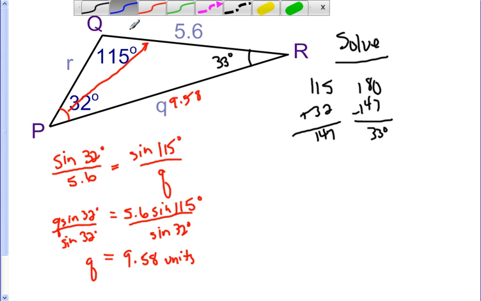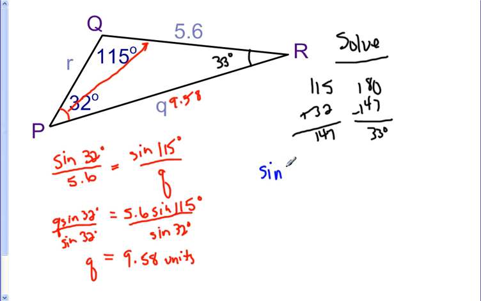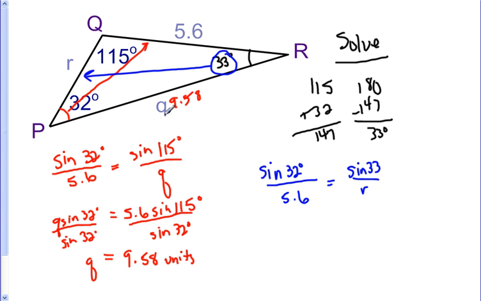We'll do sine of 32 over 5.6 again, equals sine of 33 over r. We're taking this angle, the sine of that, over the opposite side.